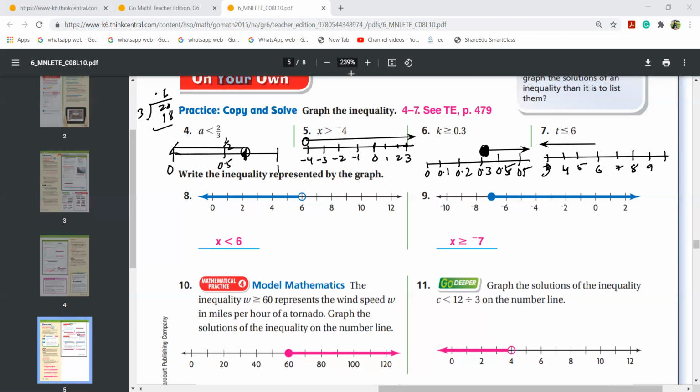And of course, it has to be a dark circle. All right? Clearly, it gives you 6. You write down 6 here, no dark circle, and less than 6. Greater than -7, and a dark circle because it is equal. And I'll write an equal sign here.